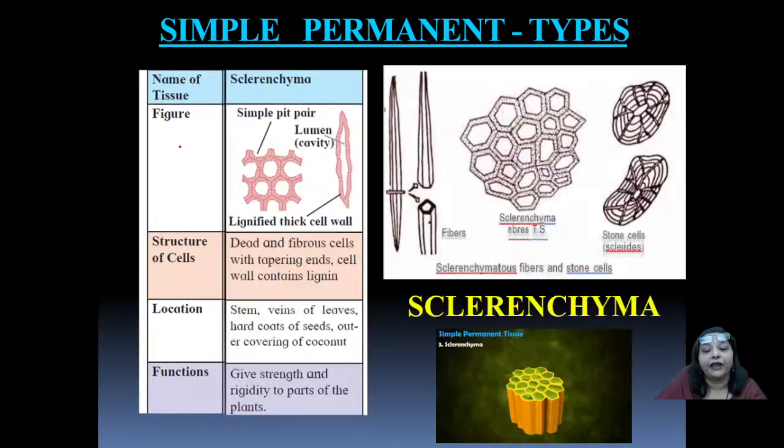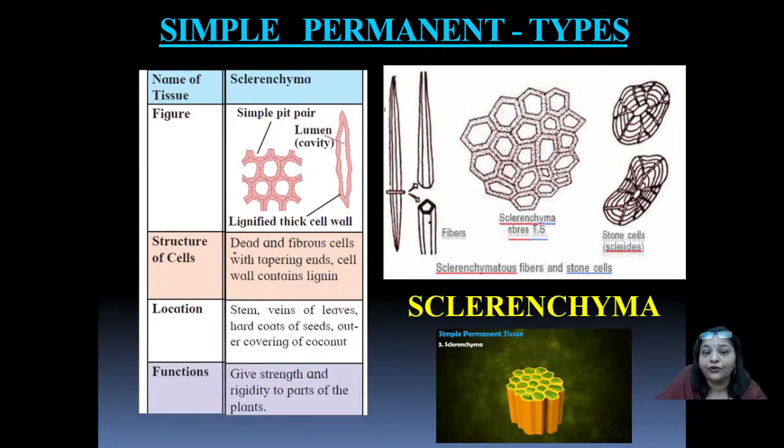Okay, right. Now these parenchyma again may show further differentiation, and differentiated cells called sclerenchyma tissues form the permanent tissues here. Now, these sclerenchyma are mostly dead tissues. That is, they do not contain cytoplasm nor the nucleus.